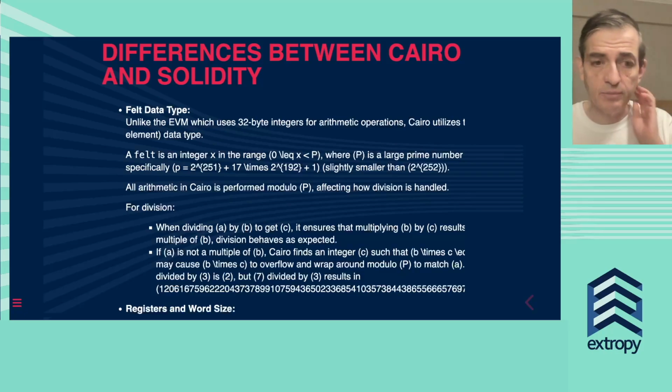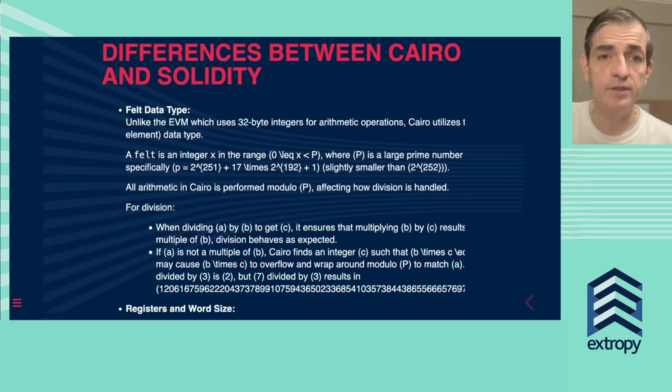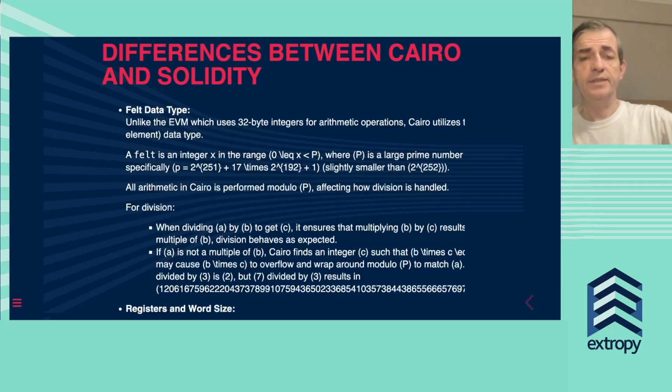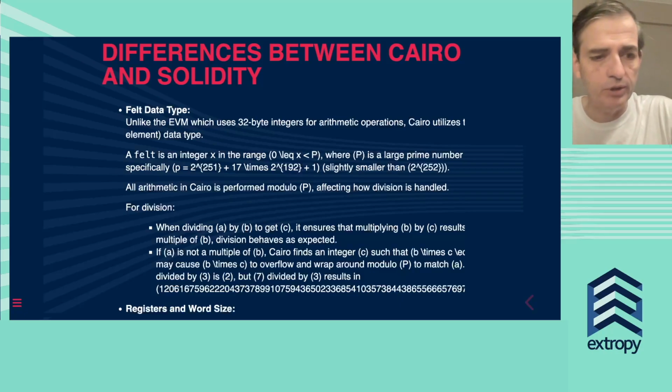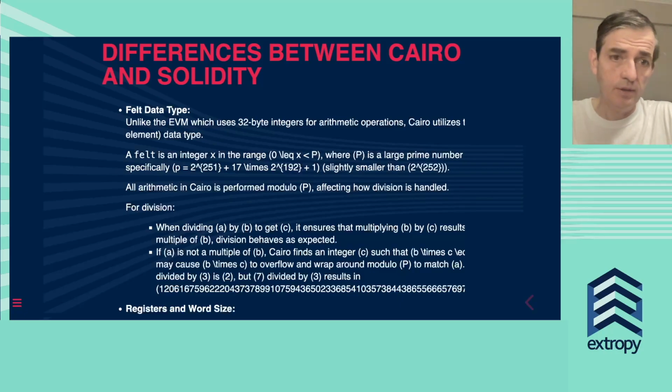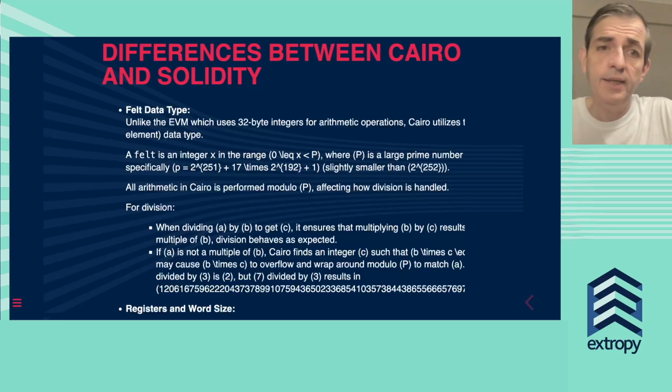We have a maximum size that we can have as our data type. So the native data type, the felt, has a maximum size, and this means that when we are using that and we are doing arithmetic with it, we're doing arithmetic that is mod this maximum size.